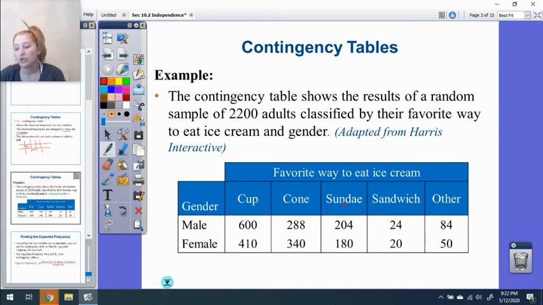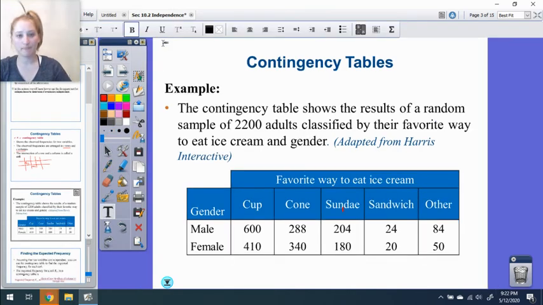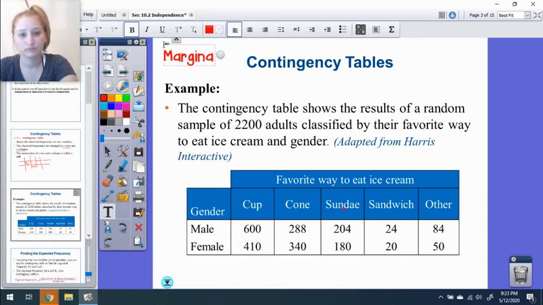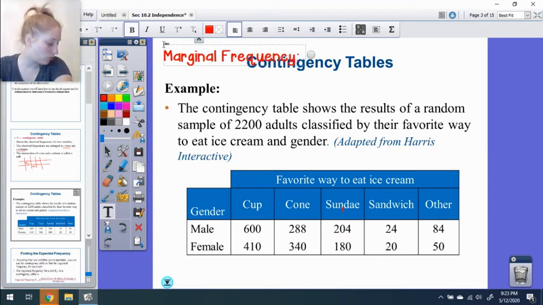So what is marginal frequency? This is when you sum up your rows or your columns.